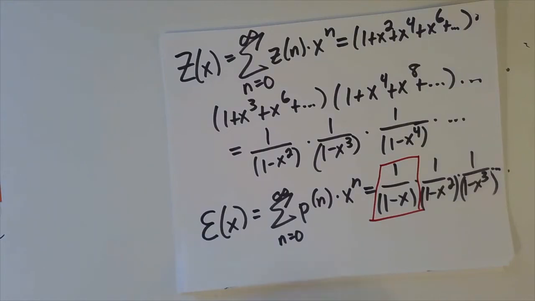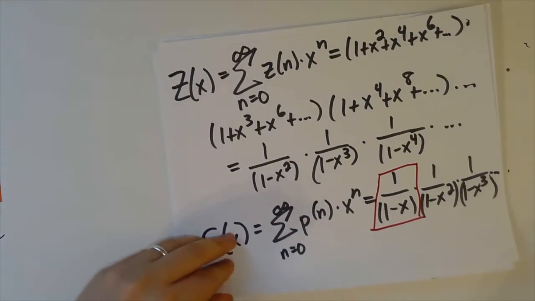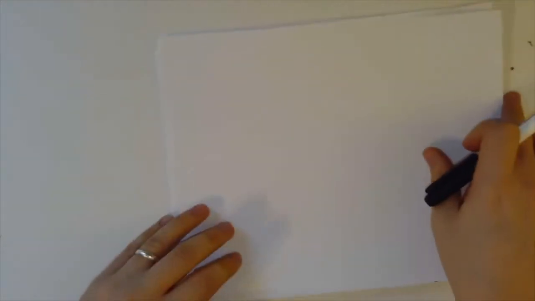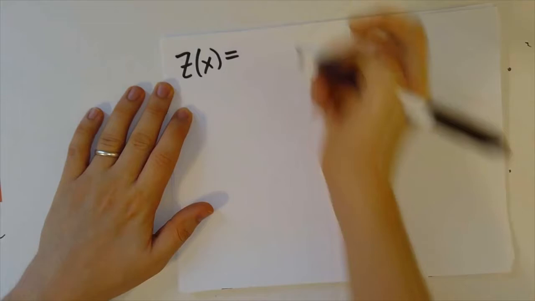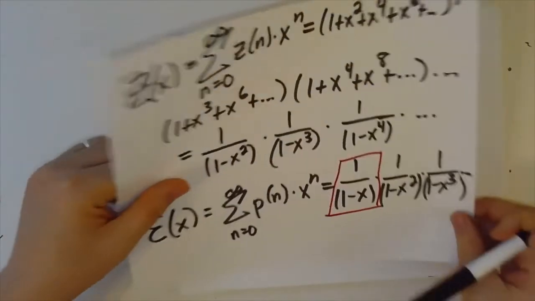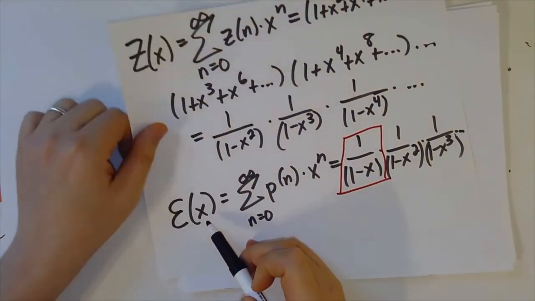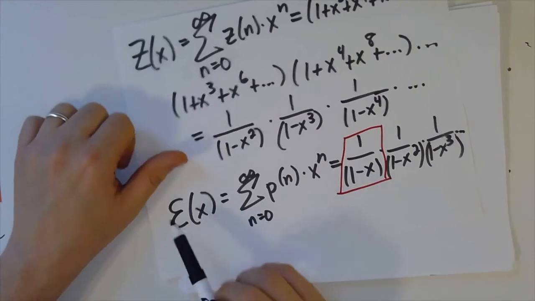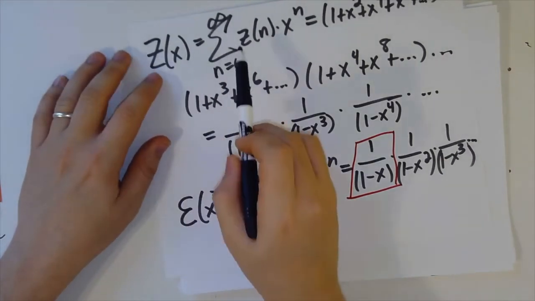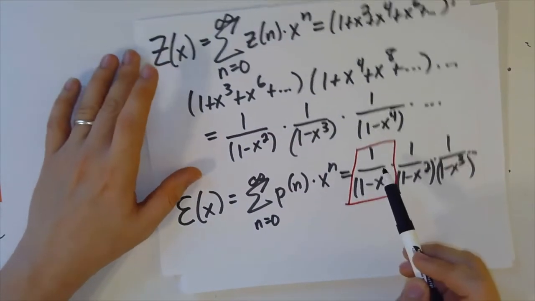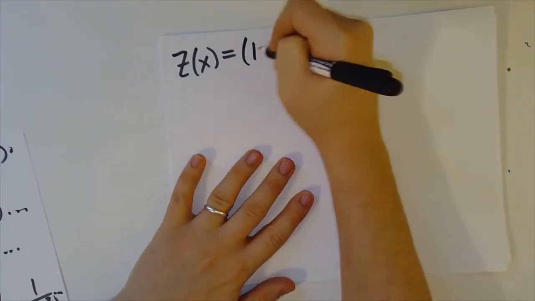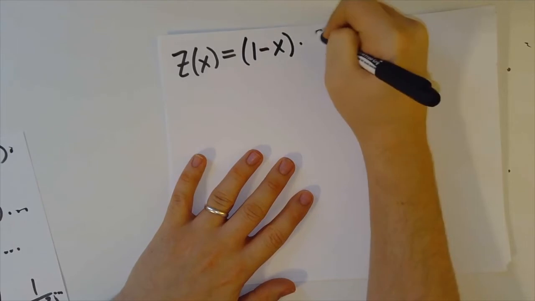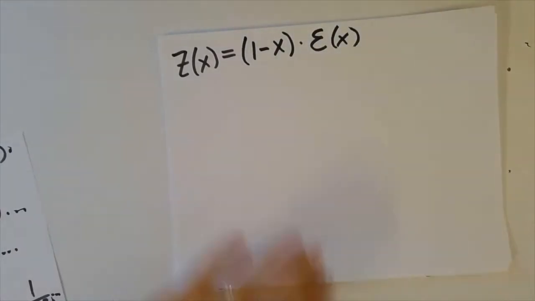Namely, if I want to look at z of x, well, z of x is very closely related to e of x. Namely, all I have to do to go from this e of x to z of x is cancel out this first term. So that is to say that z of x is in fact 1 minus x times e of x.